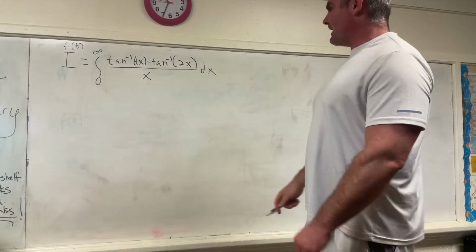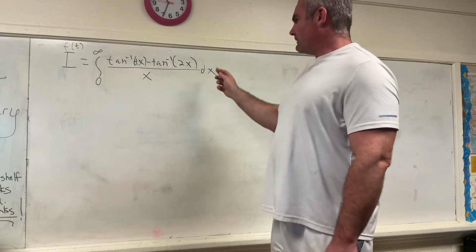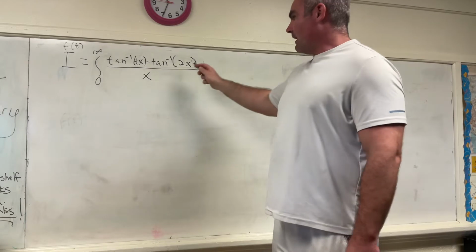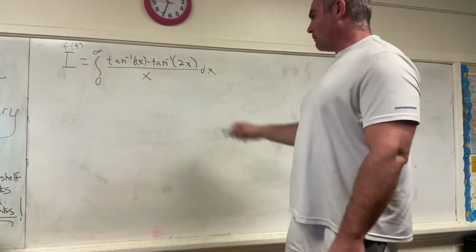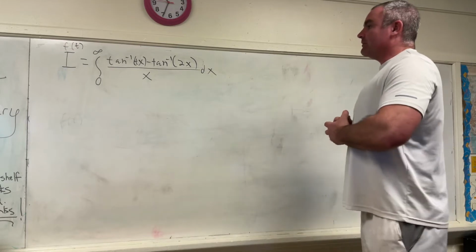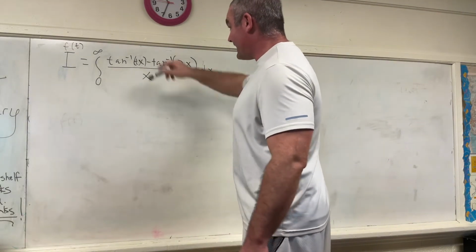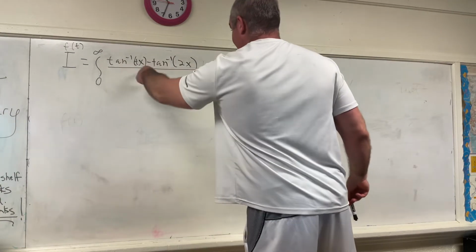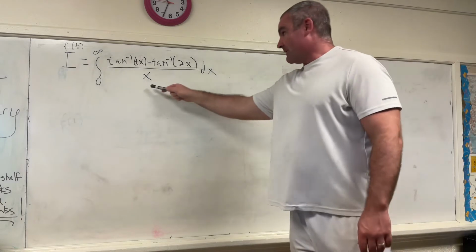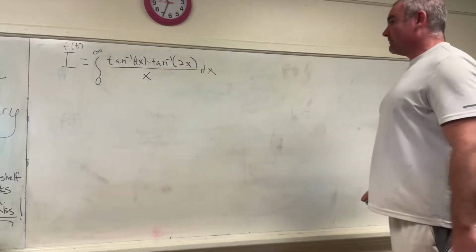The reason I did that is because when you use Feynman integration, you take the partial derivative with respect to t of that integrand right there in order to get rid of that x. And you can see that will happen, because using the chain rule, you'll get the derivative with respect to t of tx, which will create an x on top to get rid of that x on the bottom, which is really kind of a pain in this problem.